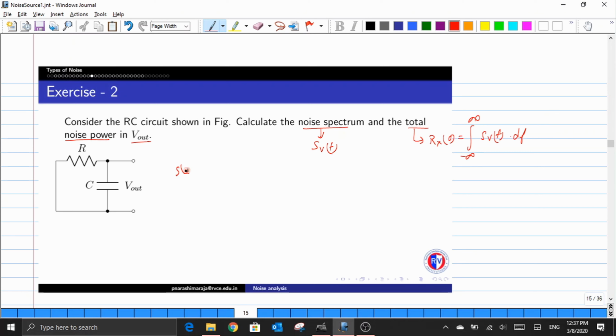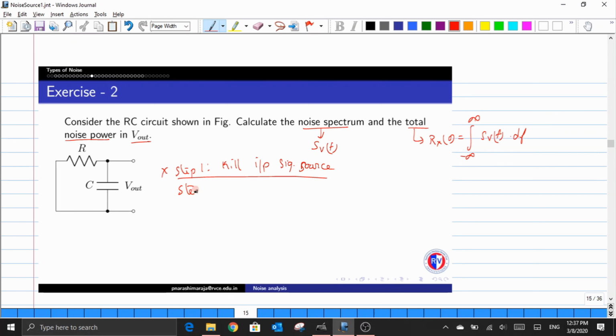Step number one is to kill input sources, which is basically an input signal source to the network. In this case, one can see that there is no voltage or current term that is fed as an input to this particular network. So this step is not required in this particular circuit.